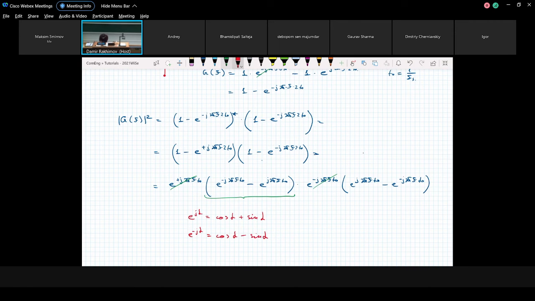As a result, the difference of these exponential terms is 2j sine alpha.